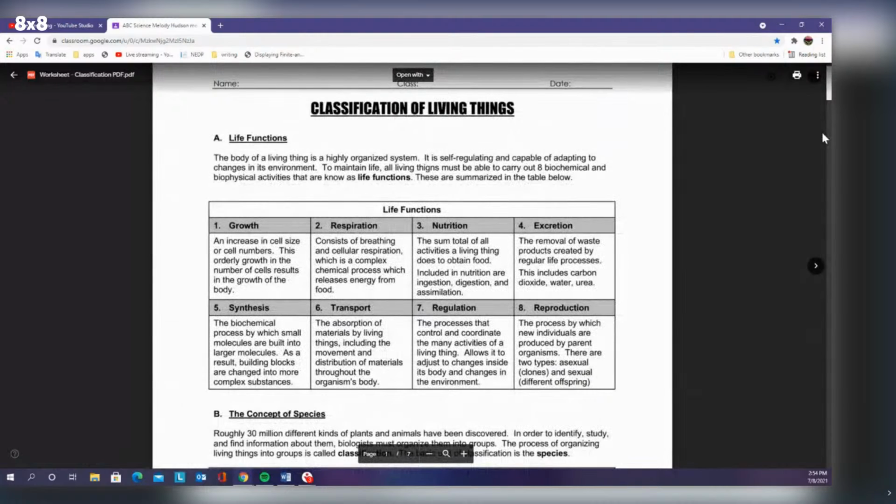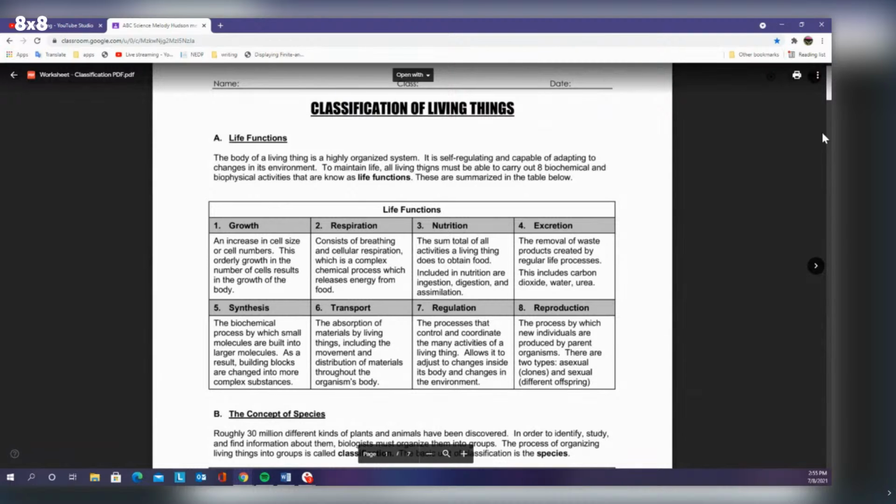So, living things are classified basically in 3 ways. The first one is by the life function. The body of a living thing is a highly organized system, a system of organs or organelles. It regulates itself and is capable of adapting to changes in its environment. To maintain life, all living things must be able to carry out 8 biochemical and biophysical activities that are known as life functions.